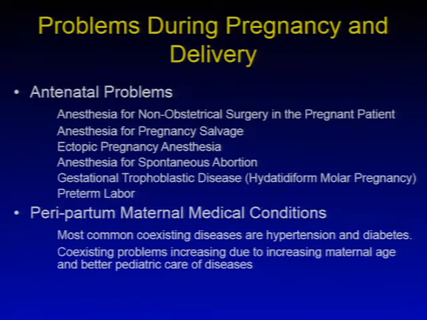And then later on, we're going to take a look at peripartum maternal medical conditions, the most common coexisting diseases in pregnancy being hypertension and diabetes. But coexisting problems are increasing due to increasing maternal age at pregnancy and better pediatric care of diseases so that the offspring live to reproduce.